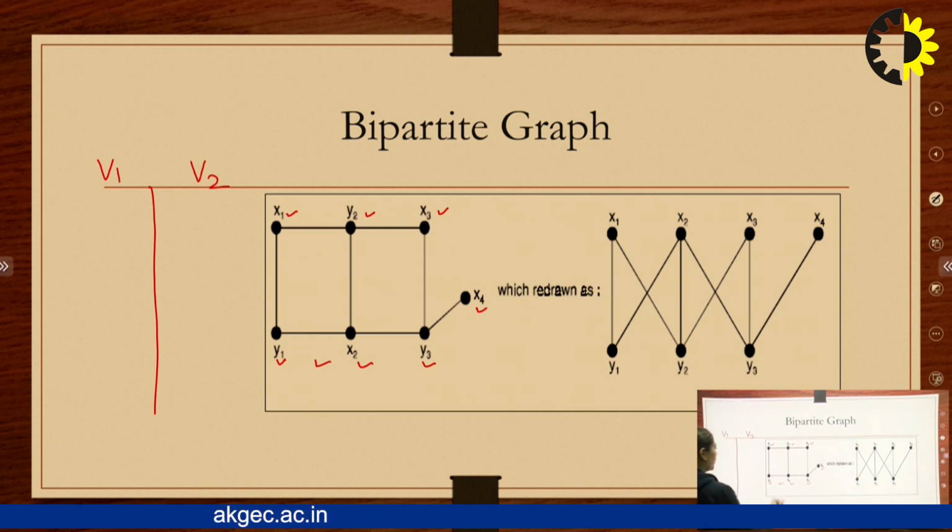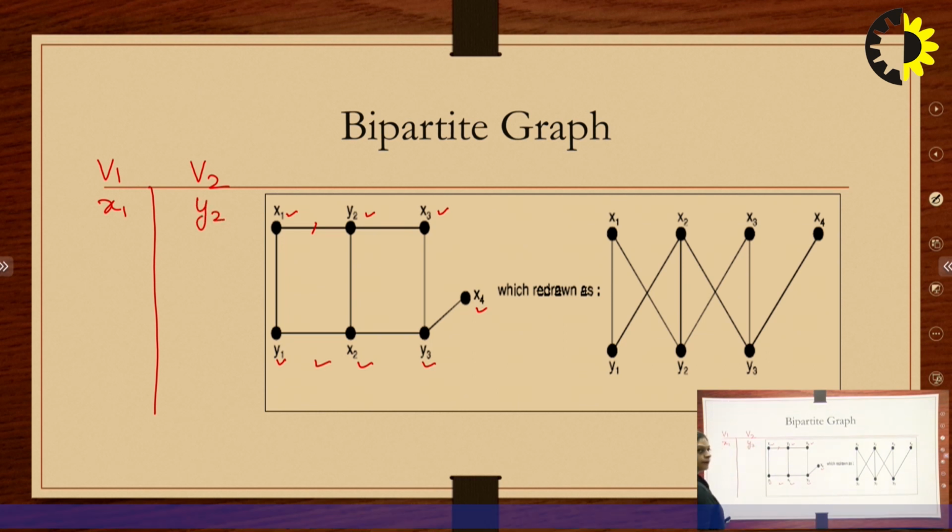First we will test this edge. One vertex is x1, we will keep in this. The other vertex is y2, we will keep in this, right? One edge is complete. Now let's take this edge. x1 is in this set, then another vertex y1 should be in this set, right?